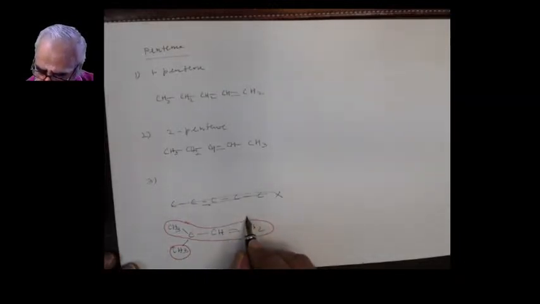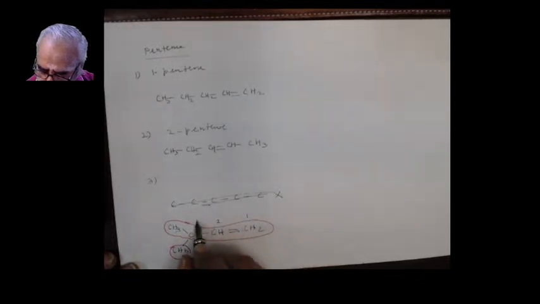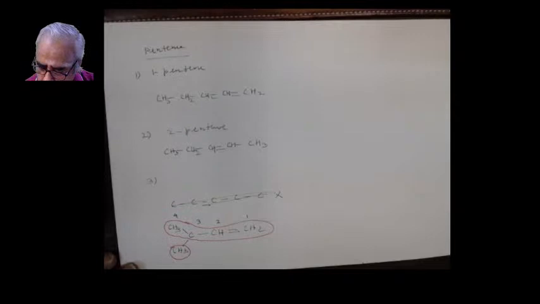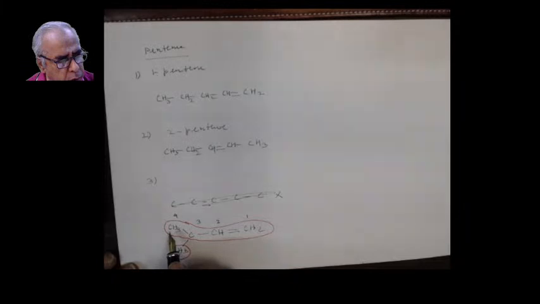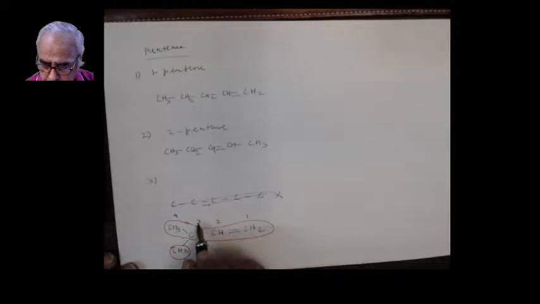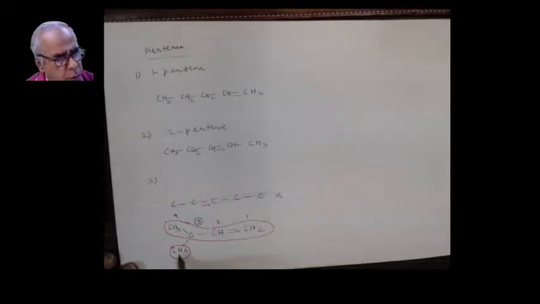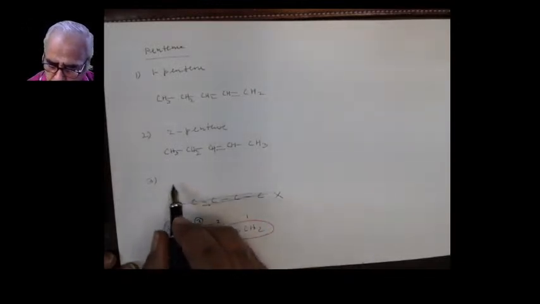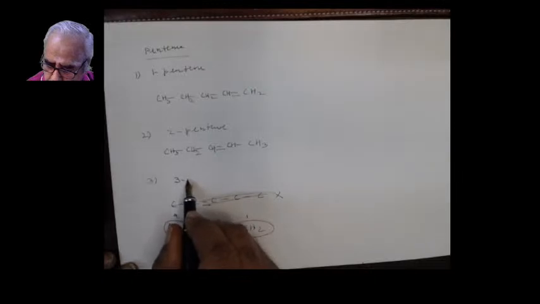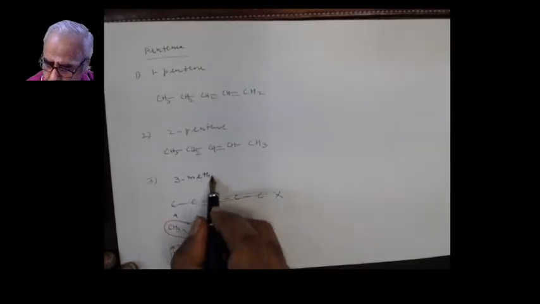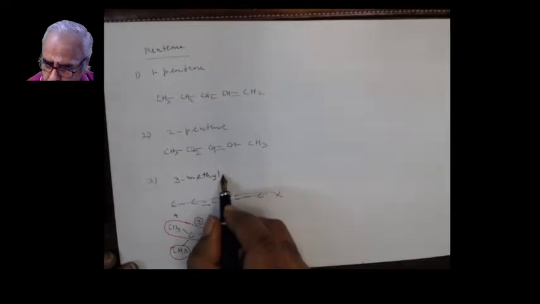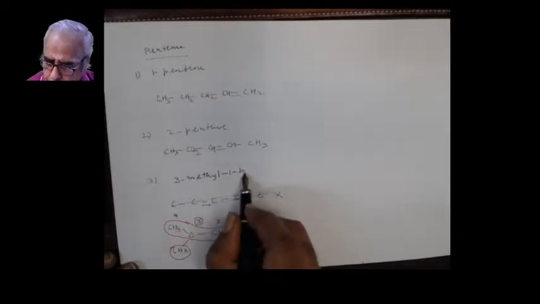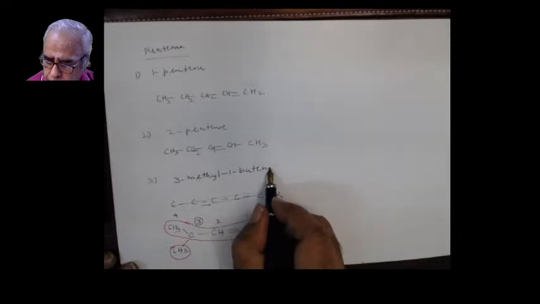So in that case you can start like this: 1, 2, 3, 4. 4 means what? Butane. So this is 1-butene, where in the third position there is a methyl group attached. So you can call it 3-methyl-1-butene. Are you able to follow? So 3-methyl-1-butene.